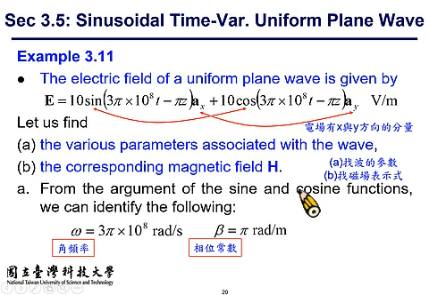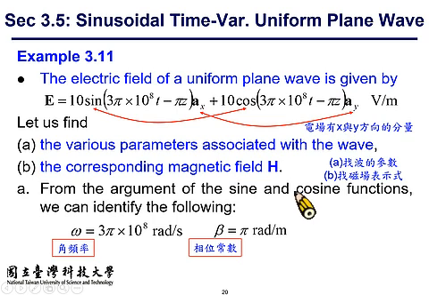Why? Because you see it has an X component and a Y component, right? So the electrical field in this case has both X and Y components, and they are of the same frequency.